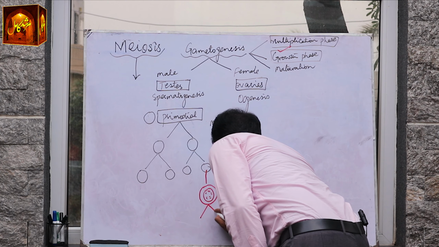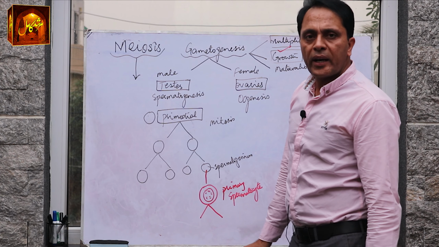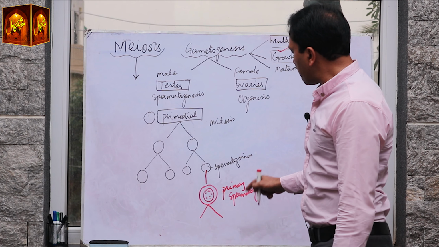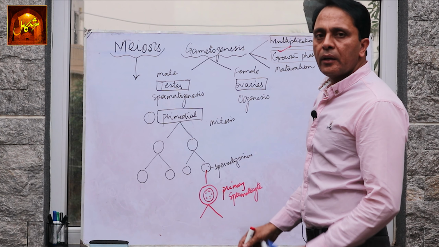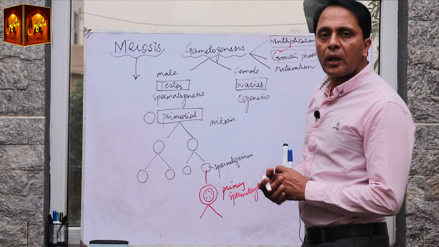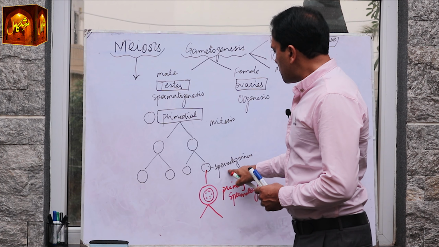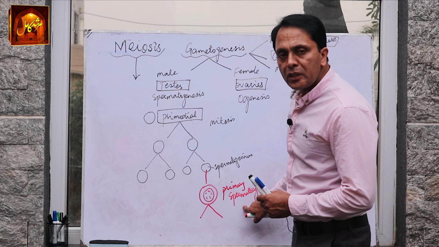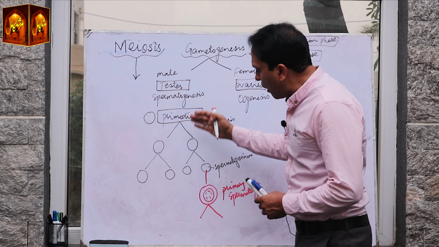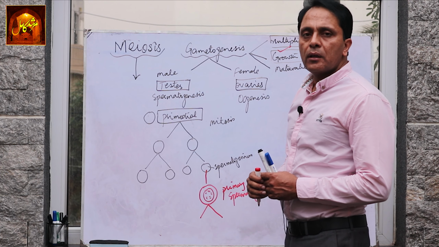In first meiotic division, this primary spermatocyte will be divided into 2 haploid cells. Previously, the primordial cell, spermatogonium, primary spermatocyte, at all stages the cell was diploid.